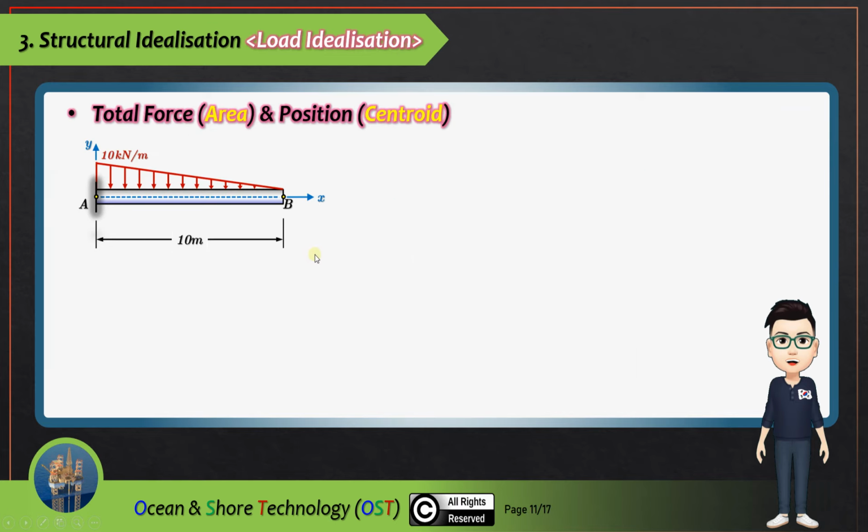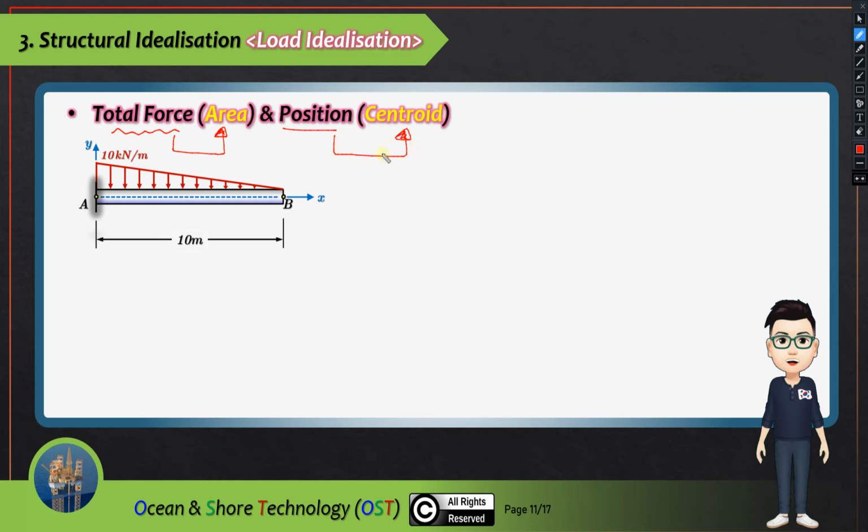So how to calculate the total force, that is truly important for us structural designers, and where it acts. So two things you can see here. In this case, we should understand the total force is related to the total area, and the position is related to the centroid concept.